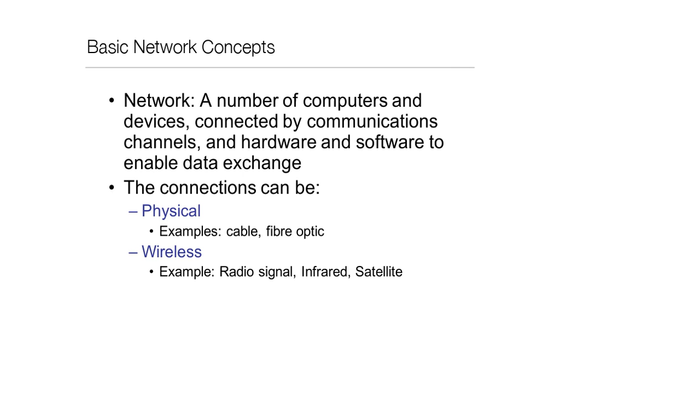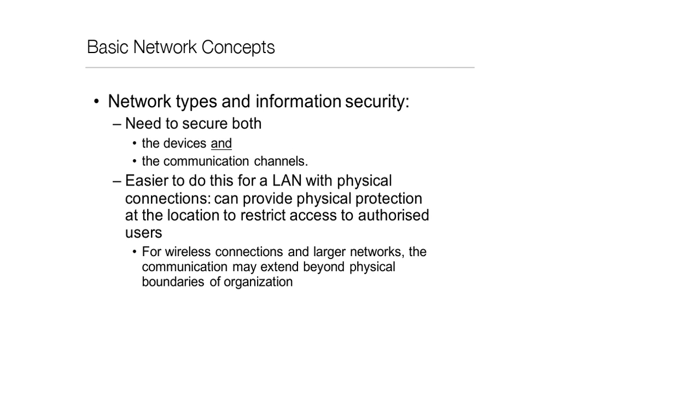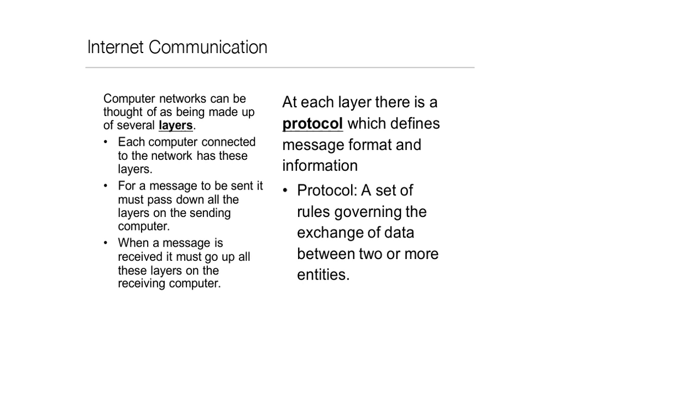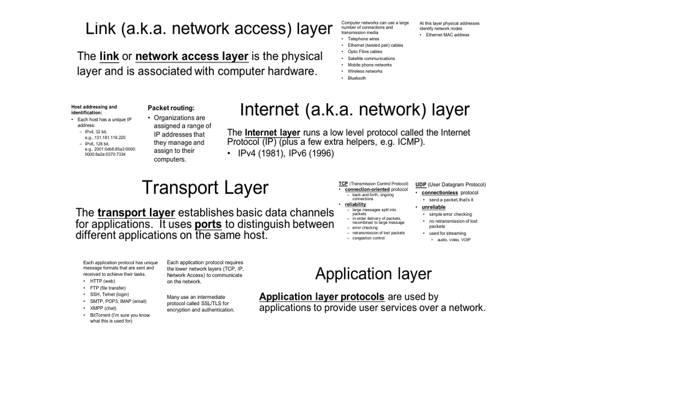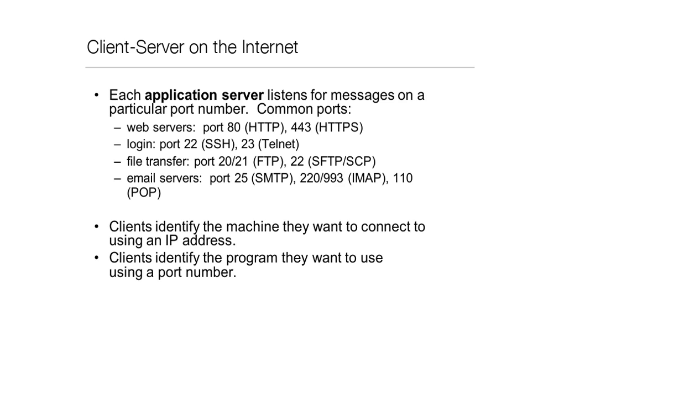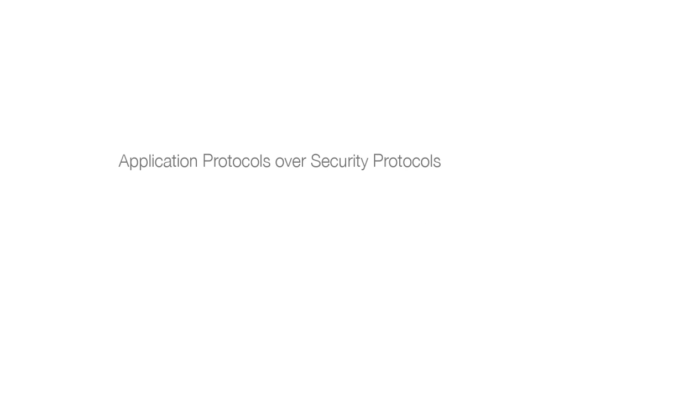As a recall, yesterday in our previous lecture, we discussed the basic network concepts: what a network is, how the devices are connected, and the different layers in a networked computer setup, and that sort of stuff. So today we are going to discuss application protocols over security protocols.